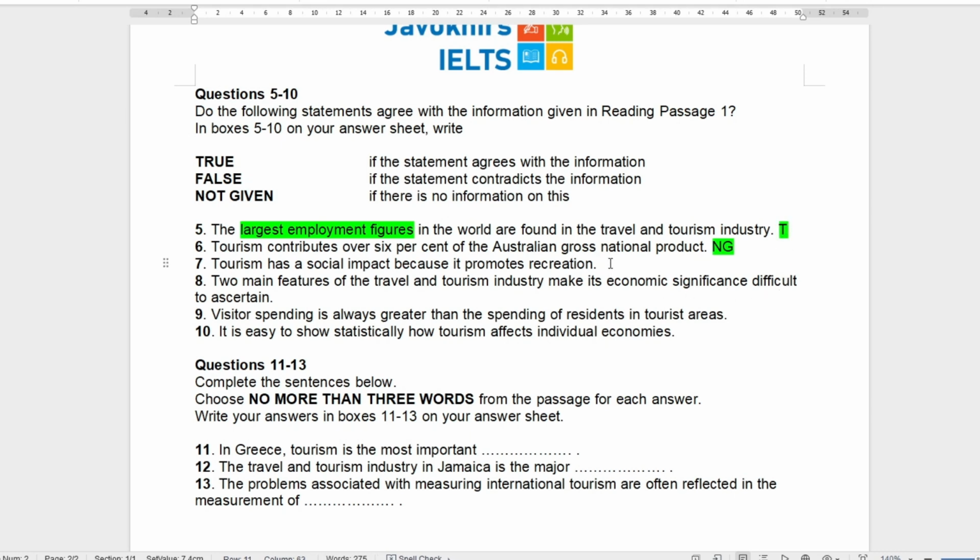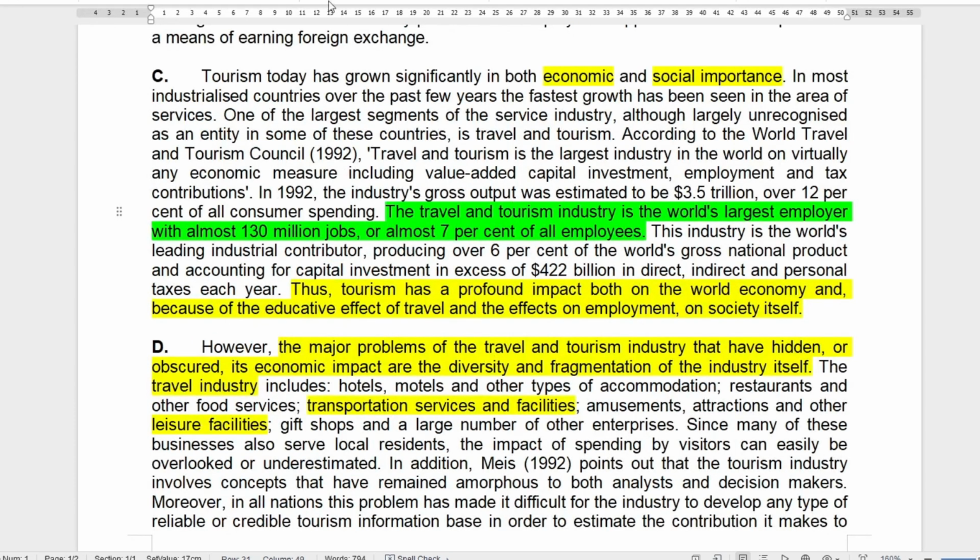Okay, so tourism has a social impact because it promotes recreation. Does it promote recreation? Did we know that? The social impact of tourism, I think it's in C. Social impact.